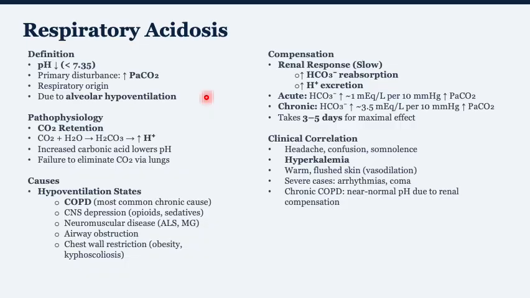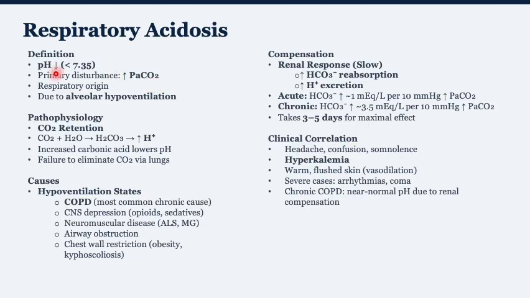So now I'm going to switch gears from the metabolic to respiratory acidosis. So again, with acidosis, pH is less than 7.35. However, with the respiratory component, you're more focused on the partial pressure of carbon dioxide as opposed to bicarbonate.